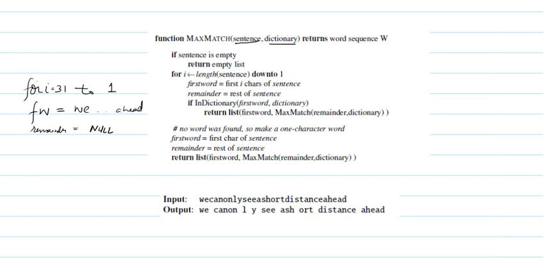It will again give the first word and the remainder part, and this maximum matching is called again. So what will be the return? The returned list will be the first word comma maximum match of the remainder. So if the whole thing is matching, then it will be returned, otherwise it will not be returned. Why? Because the if condition will become false.